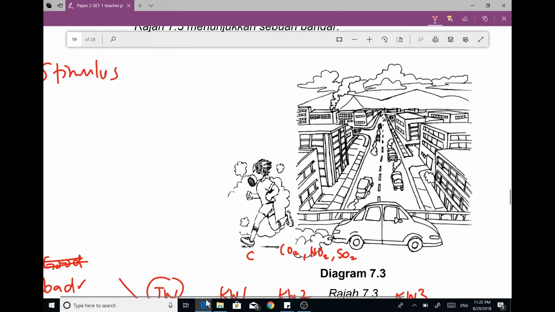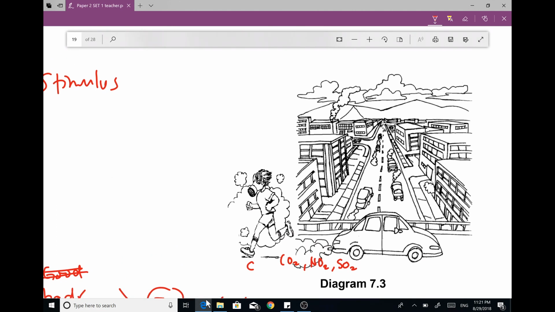And then on the other side, I can see the gas being emitted from a building. I guess this could be the factory, and this factory is also running on fossil fuel. So the gas emitted might also contain CO2, NO2, SO2, together with the soot.